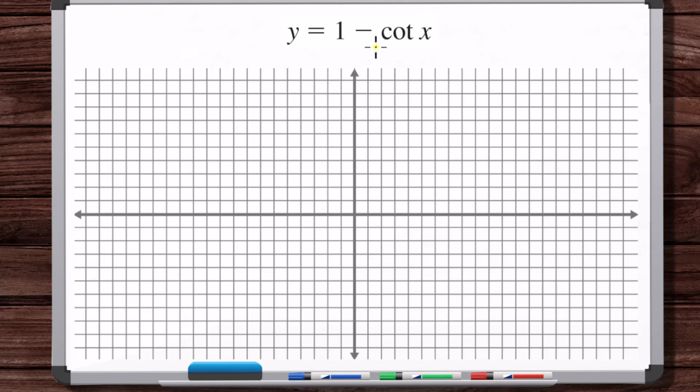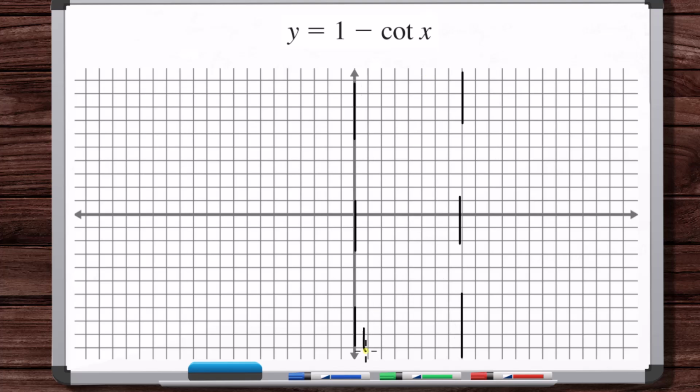Okay, so here, this is going to be minus cotangent x shifted up 1. So it's going to be cotangent but flipped about the x-axis. But there's no shifting horizontally, so cotangent is typically like this.